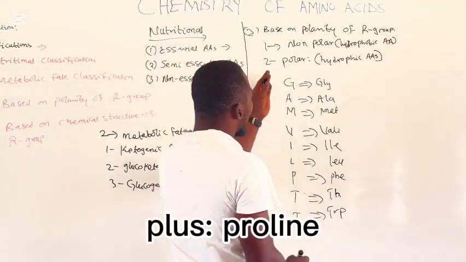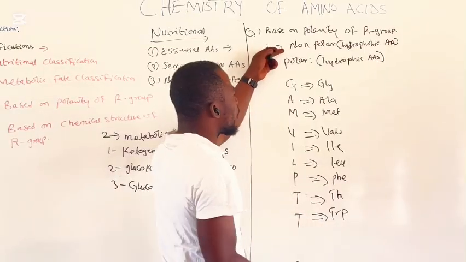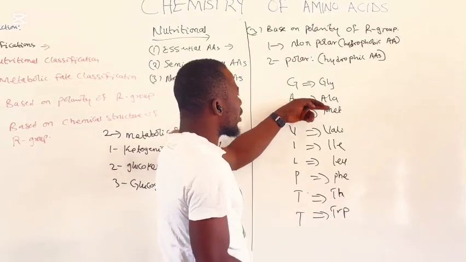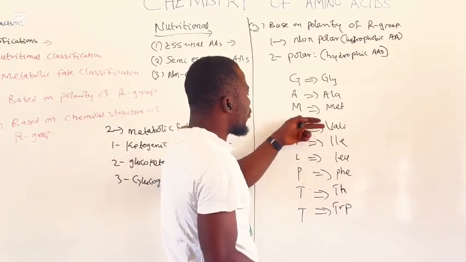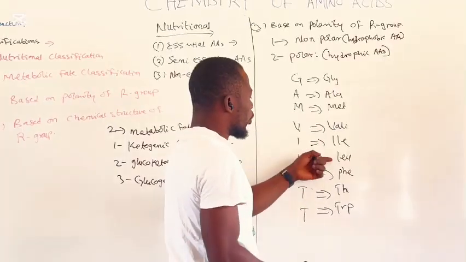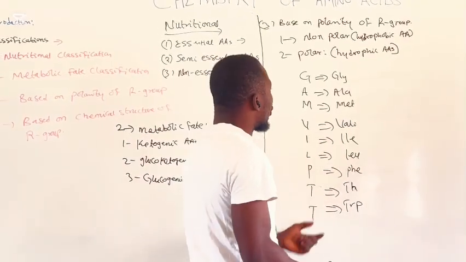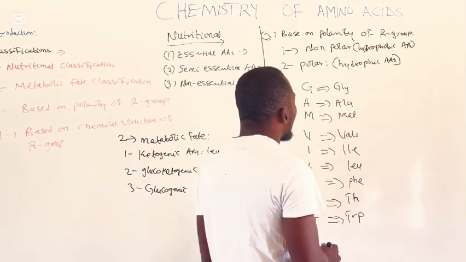So all these amino acids are non-polar amino acids: glycine, alanine, methionine, valine, isoleucine, leucine, phenylalanine, and tryptophan.